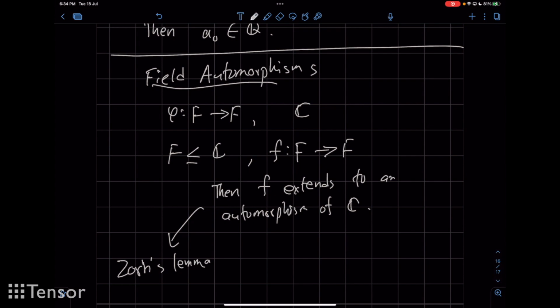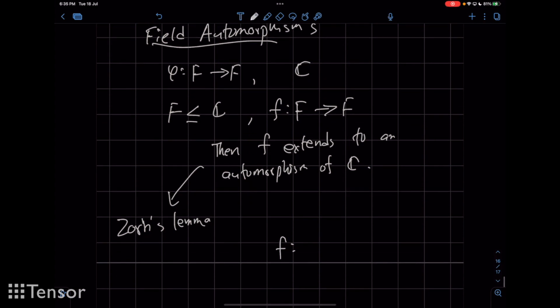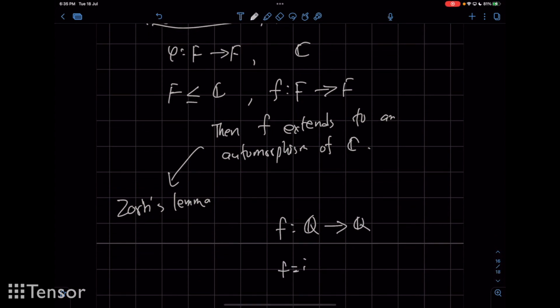Well, any automorphism of Q is the identity, right? I'm saying that if F is an automorphism of Q, then F must be the identity, because all the integers are mapped to themselves.